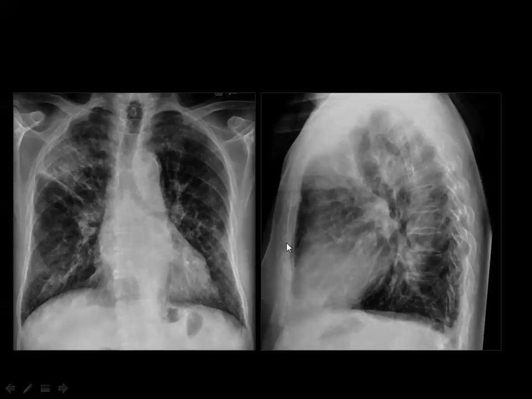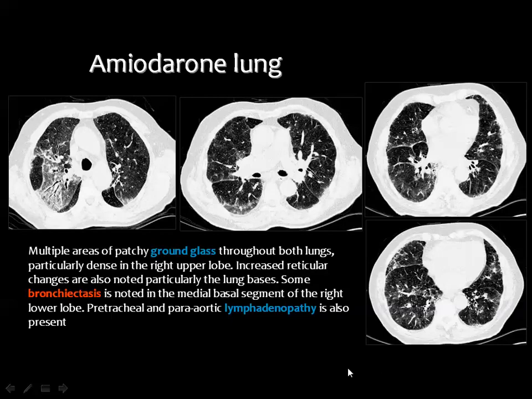In this chest X-ray, you can see a patchy opacity here with widespread reticular opacities scattered throughout both lung fields. The high resolution CT of this patient receiving this drug showed areas of ground glass veiling, minor traction bronchiectatic changes, and extensive interstitial opacities in both lung fields.